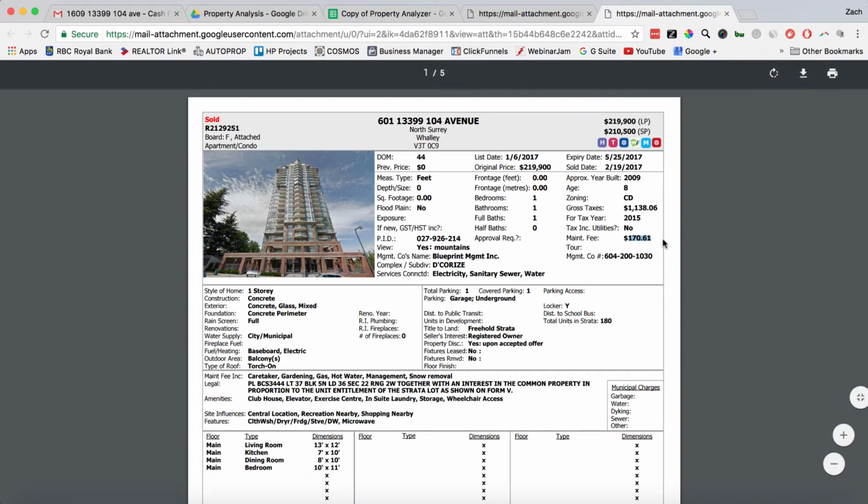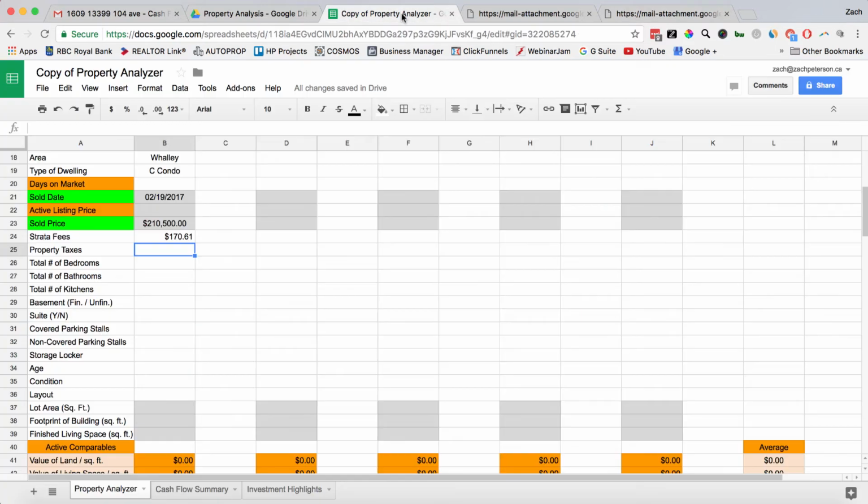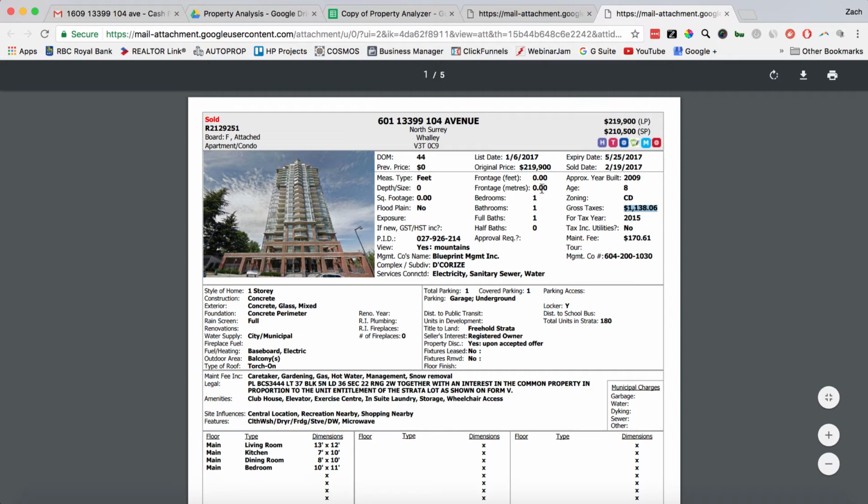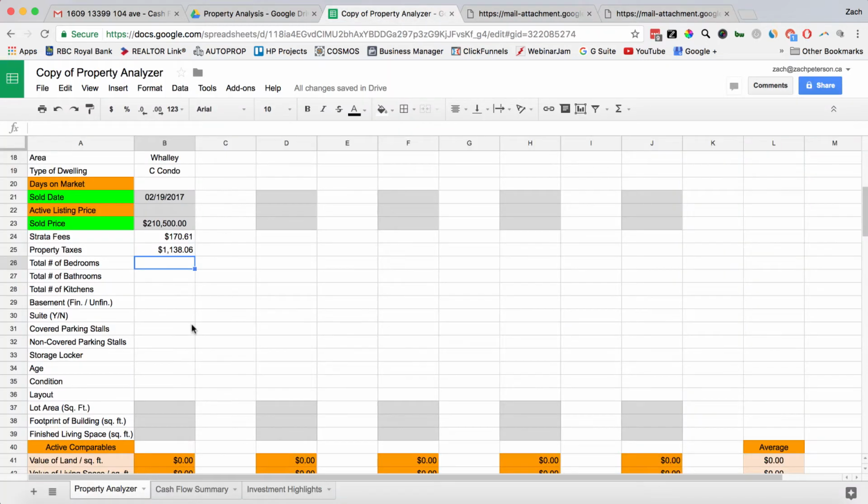Property taxes. Bedrooms, bathrooms, kitchens. No basement, no suite.